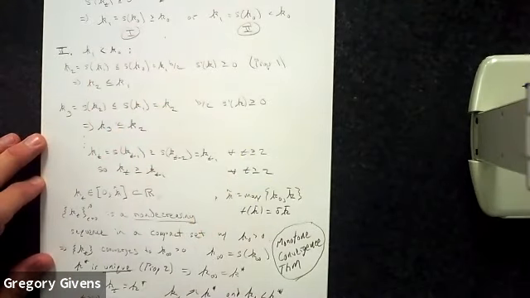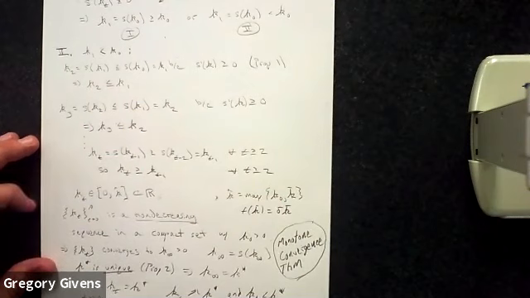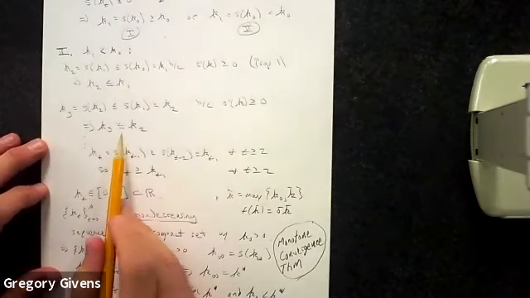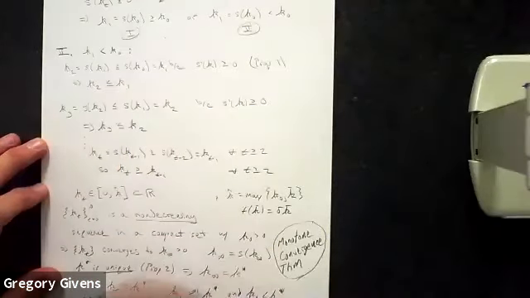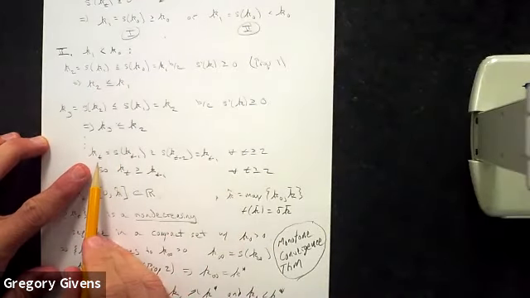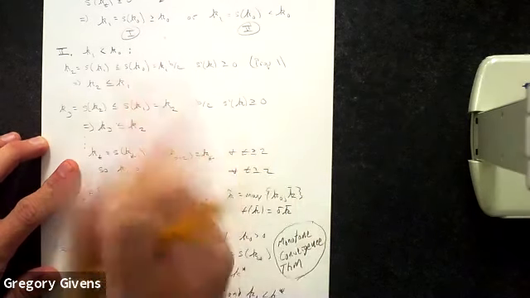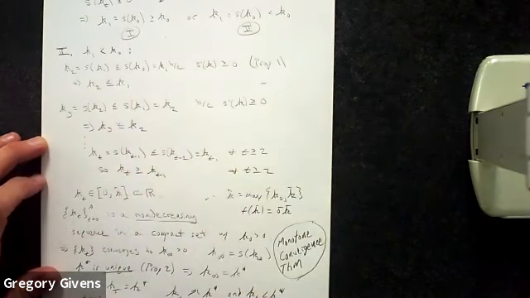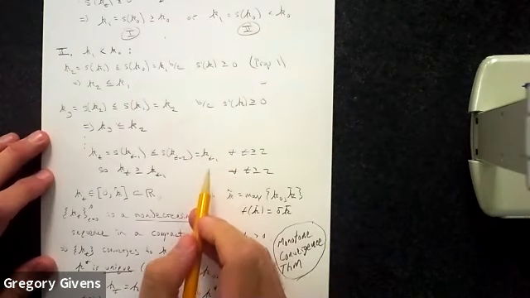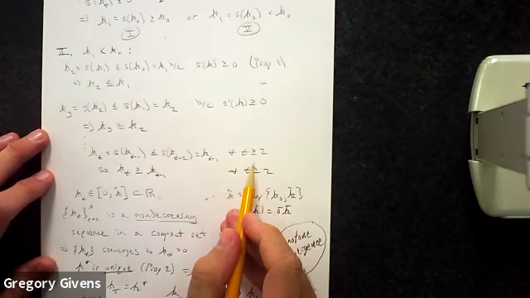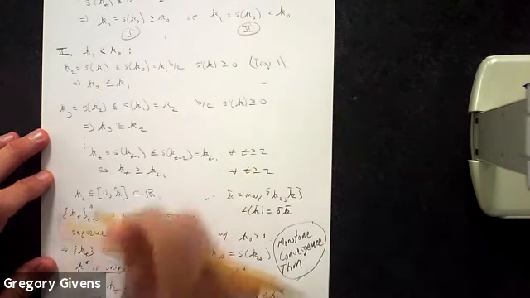See how I'm being lazy here? You don't get to be lazy, I guess. You've got to show both cases, but I'm going to do a shortcut. If we repeat this over and over again, you're going to find that KT, which is S of KT minus 1, is going to have to be less than or equal to S of KT minus 2, which is the same as KT minus 1 for all t bigger than or equal to 2.